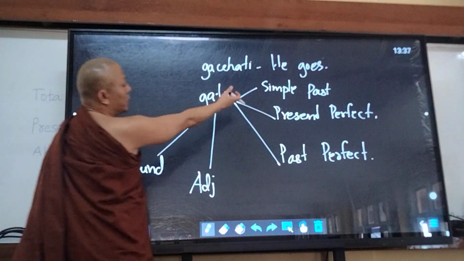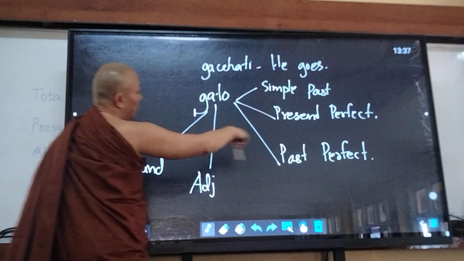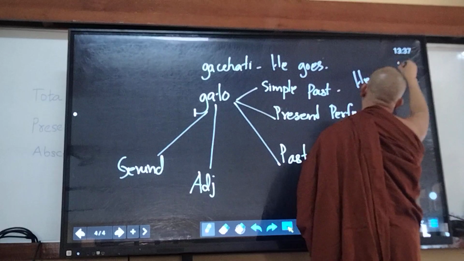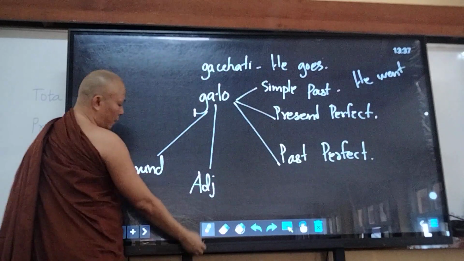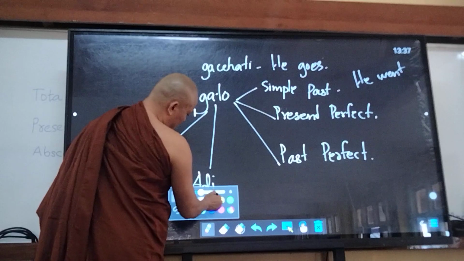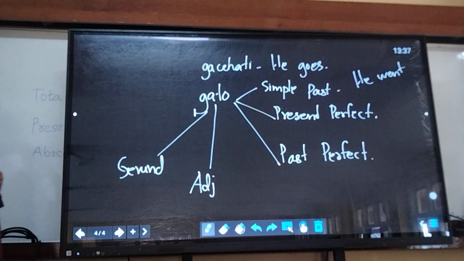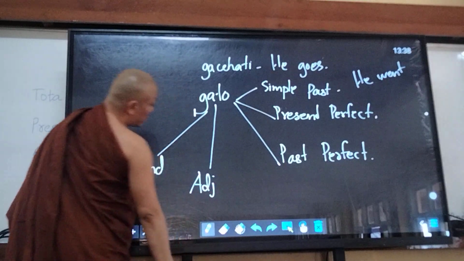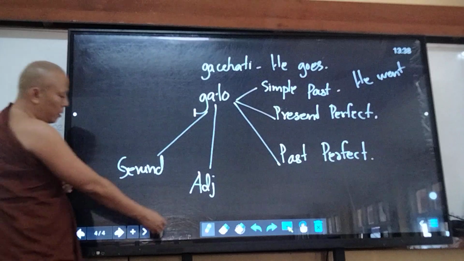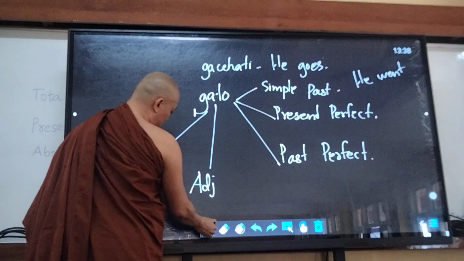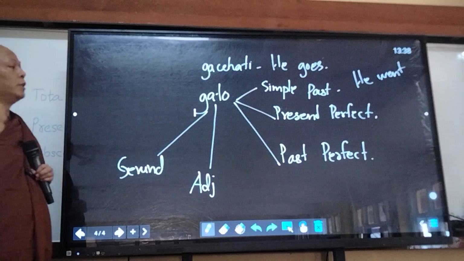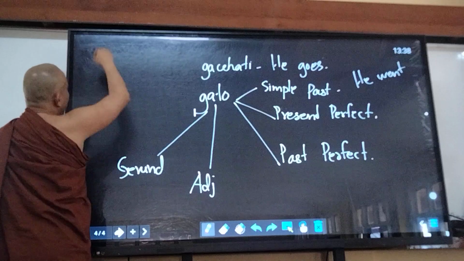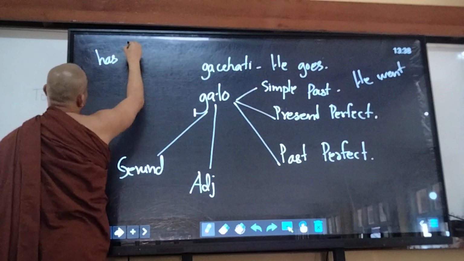So here you see simple past. The meaning of that we can understand: he went. When it is used as the present perfect, commonly in English we use has gone.